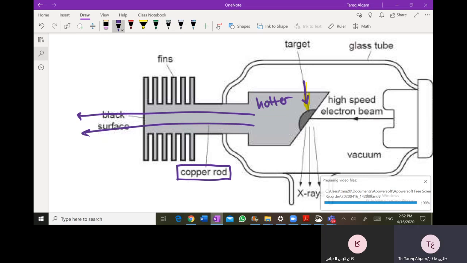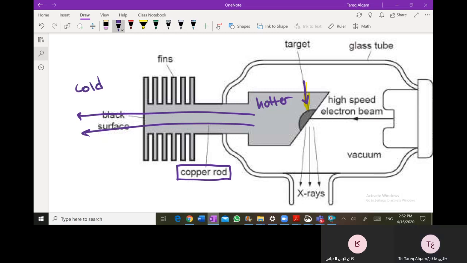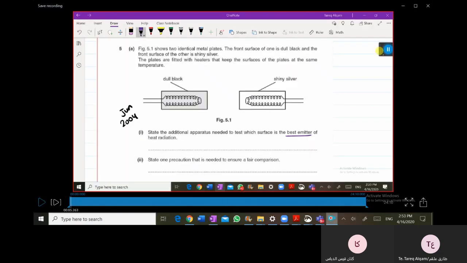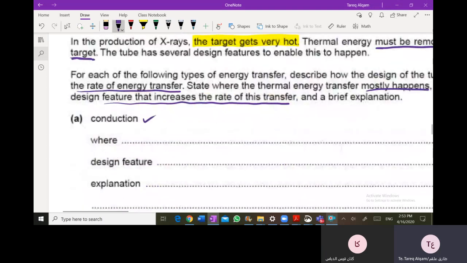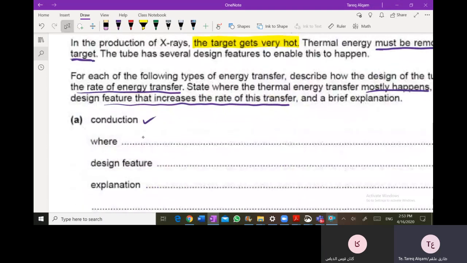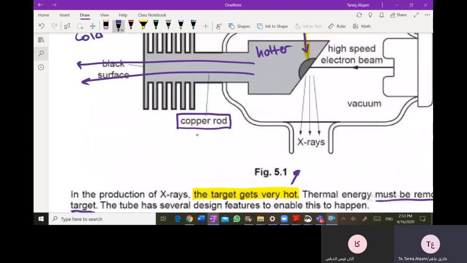So the heat will transfer from the hot region to the cold region by conduction. The heat should be transferred from the hotter region to the colder region through the copper rod, because the copper rod is a thermal conductor. So thermal conduction is taking place in the copper rod.